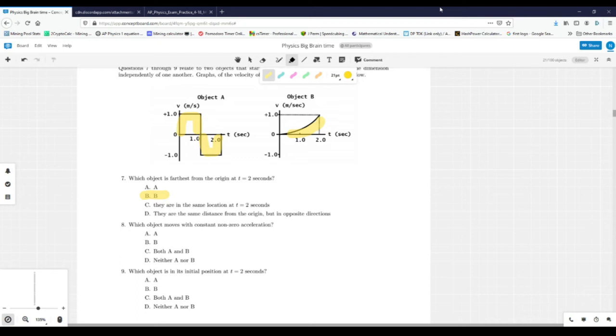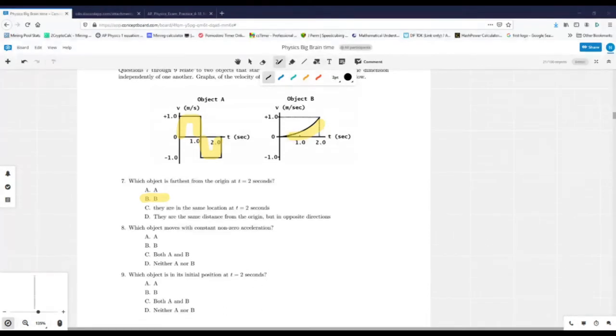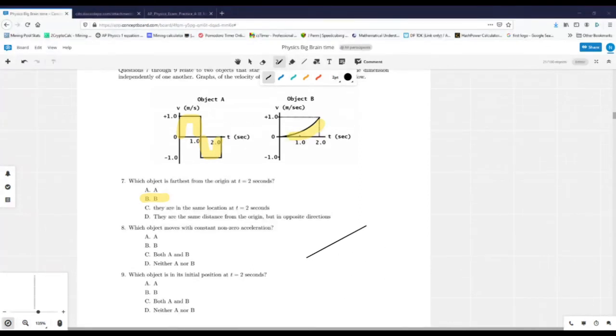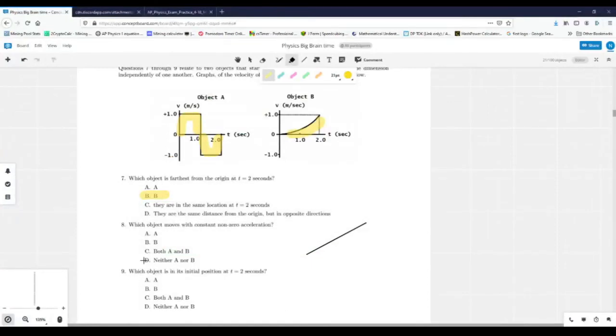So what is it? The slope. So what would a constant non-zero acceleration look like? Linear. It would have to be a straight line. Which of these graphs looks like that? Neither. So the correct answer is neither A nor B.